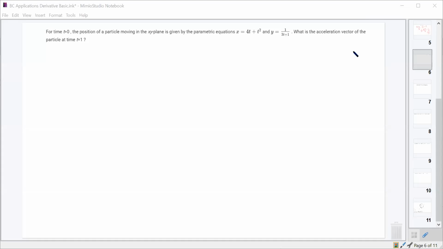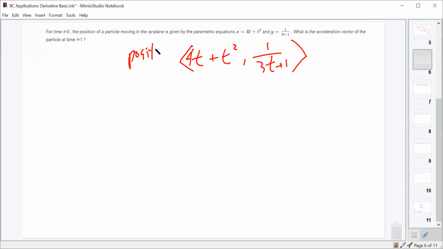All right, so we're given a parametric for our position function. So the position vector should just be 4t plus t squared, comma, 1 over 3t plus 1. This is our position vector. So what should our velocity vector be?